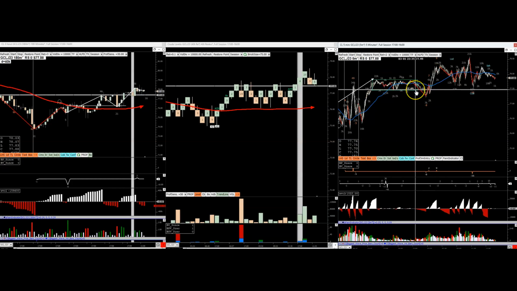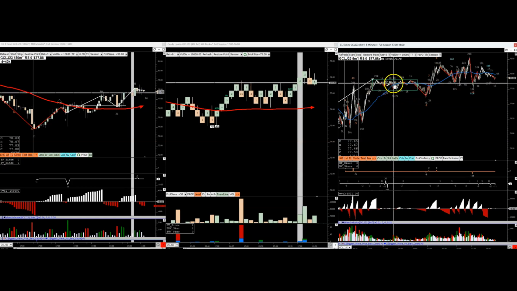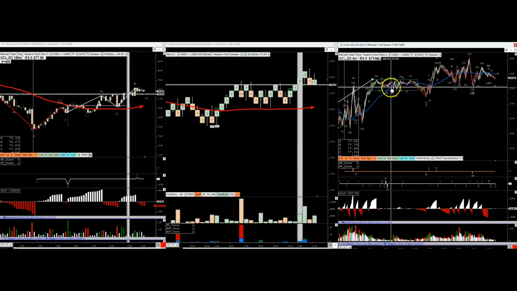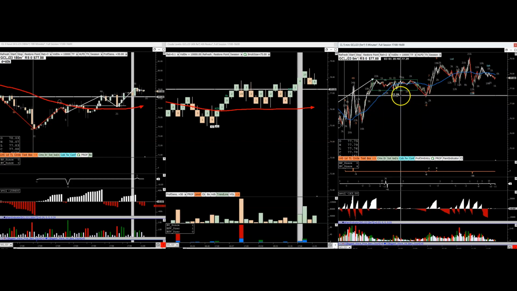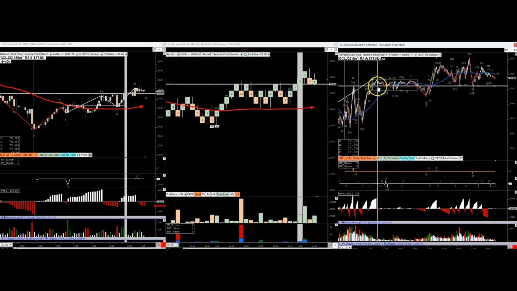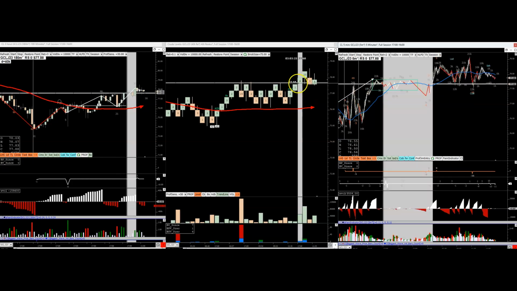All of that is because of time. Who knows what they're doing here? Might be doing nothing or just keeping it in a range to then spring this low and then make the high. All of that is a pain in the ass. And you can see it's just one brick. Clean.